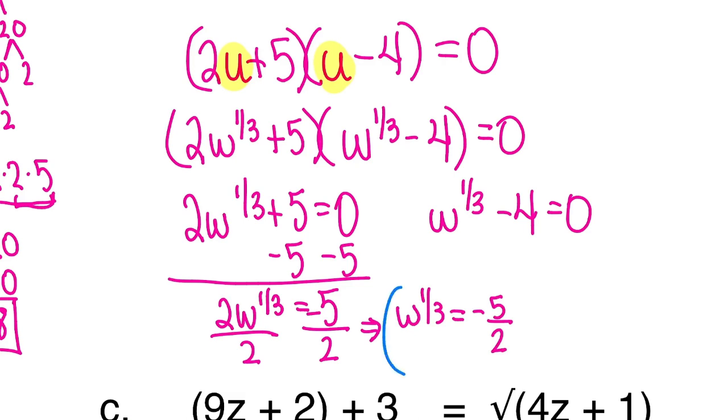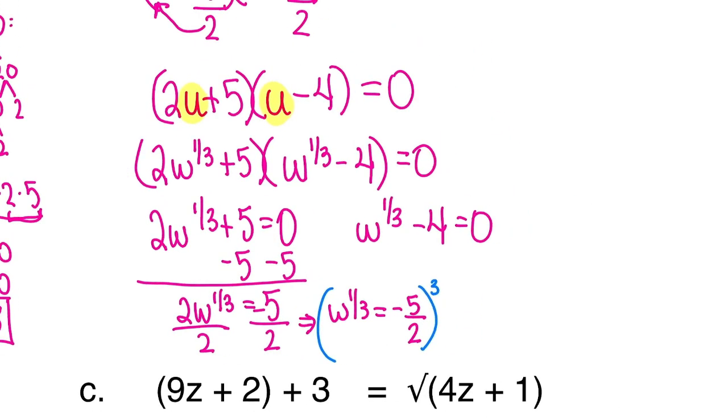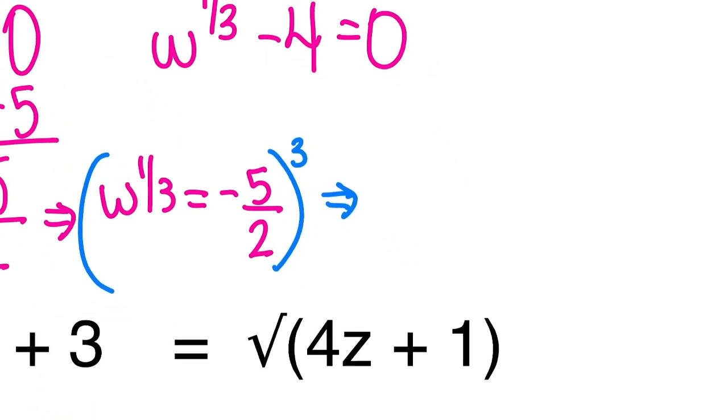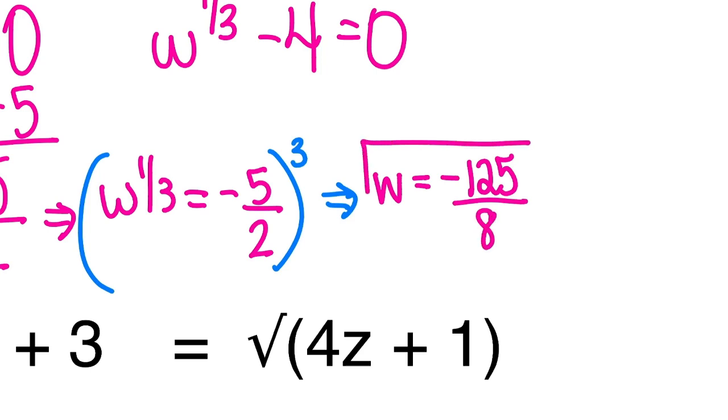Now we're going to cube both sides here. So we have w to the 3/3, which is w to the first. Negative 5 cubed is negative 125. And then 2 cubed is 8. Okay, that does not go in evenly, so that is one of our solutions here.